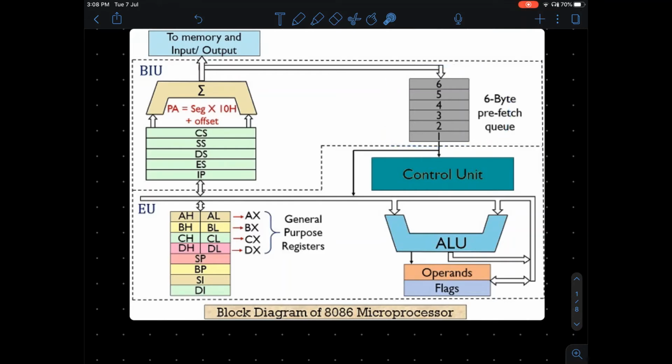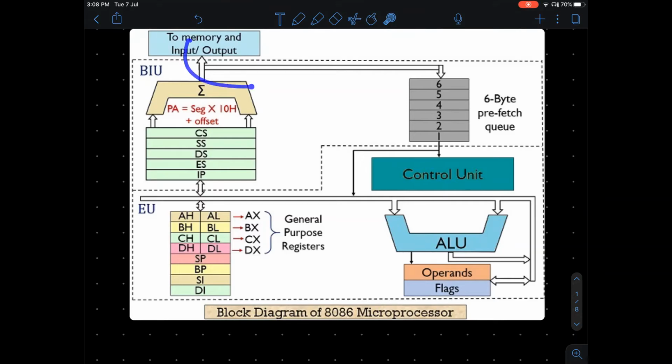Whenever the BIU places the address on the address bus of the memory, the BIU fetches as many as 6 instructions ahead of execution and holds them in a FIFO, first in first out, queue. And then the execution unit simply reads this and performs the operation on that.